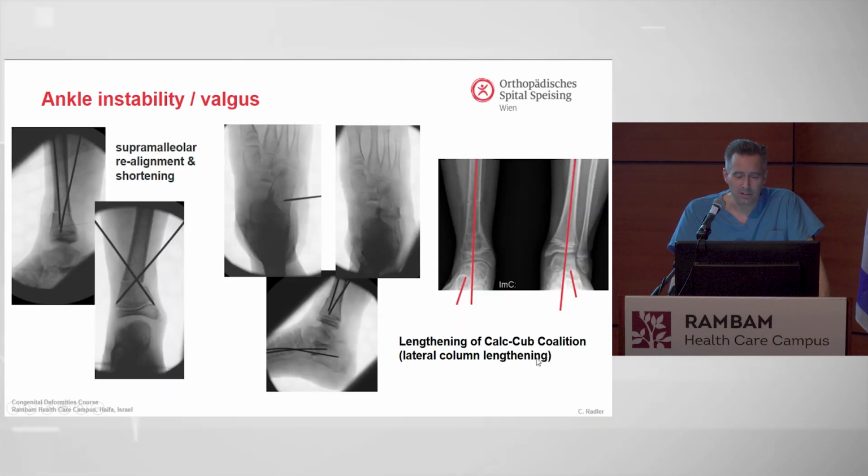So in this case, we decided to do a lengthening of the calcaneocuboid coalition, which actually worked quite nicely and was basically a lateral column lengthening, but without a calcaneocuboid joint being present.